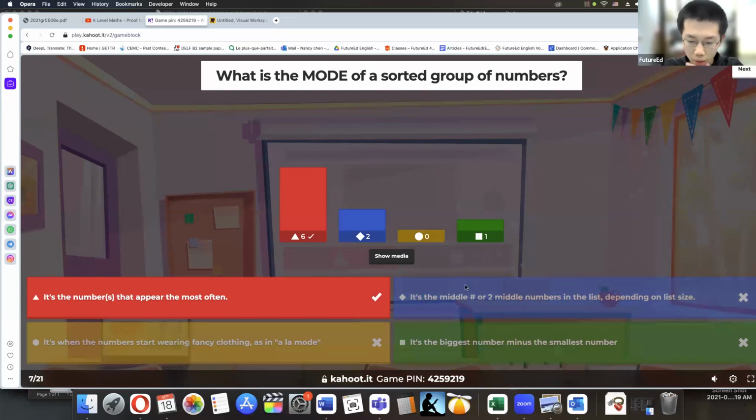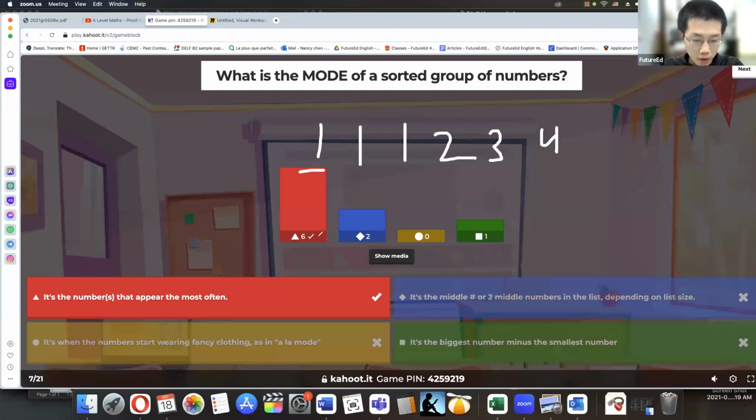I'm not too sure why people chose blue, because I just spent some time explaining that blue was like the median. But the mode, it's basically if you take a bunch of numbers, such as 1, 1, 1, 2, 3, 4, and it's the number that appears the most often, right?